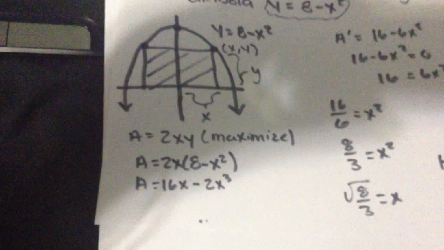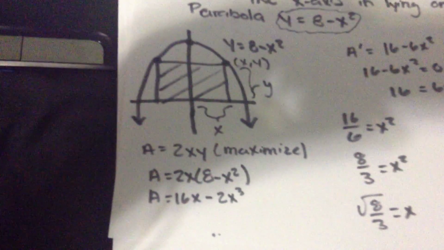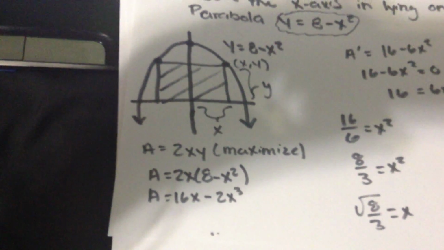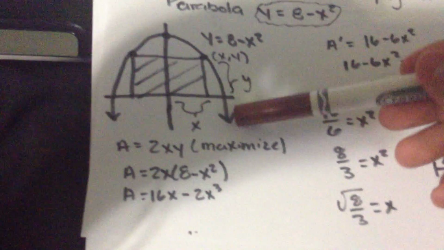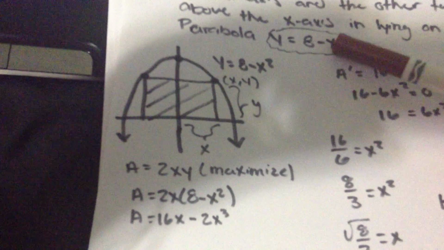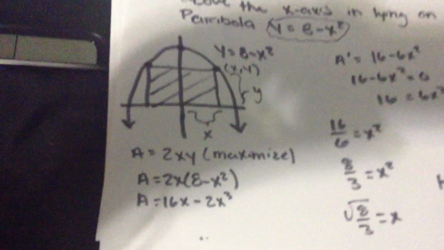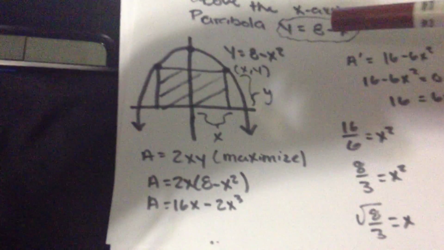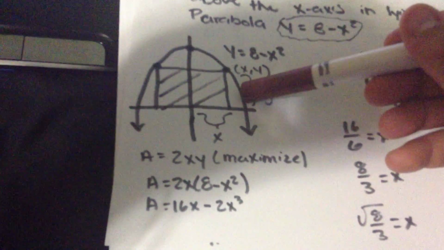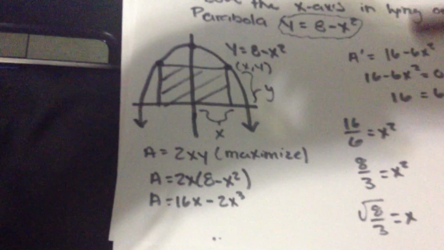So you're trying to find the constraint, but the constraint's already kind of given to us, which is y equals 8 minus x squared, which has a relationship.